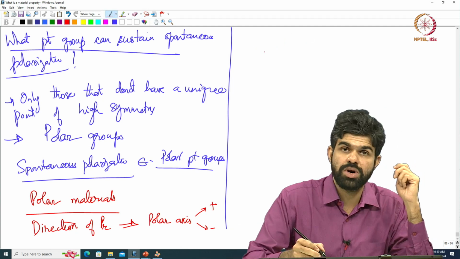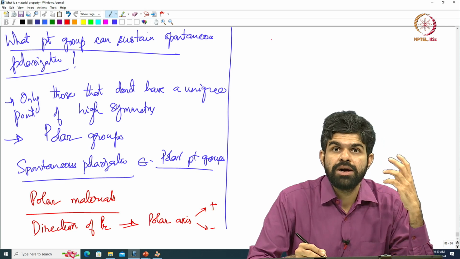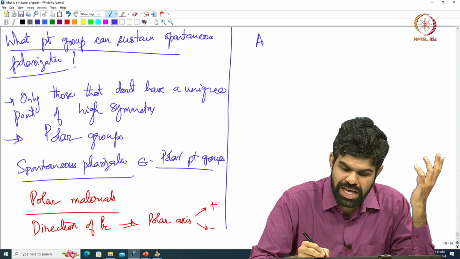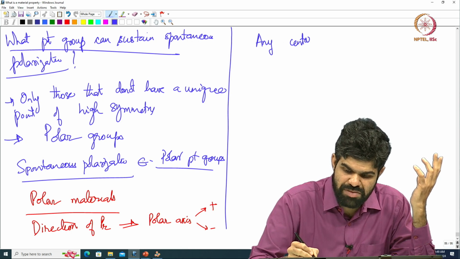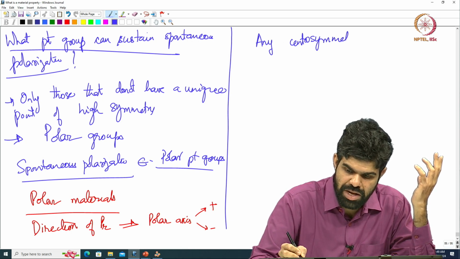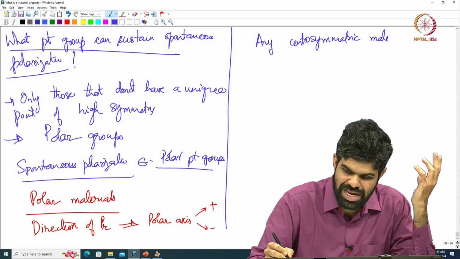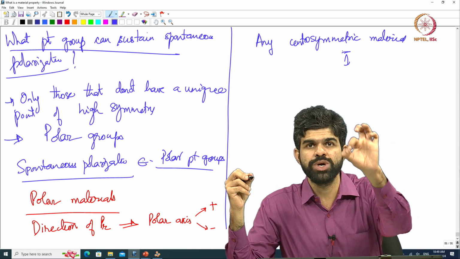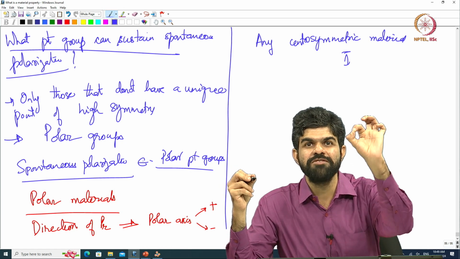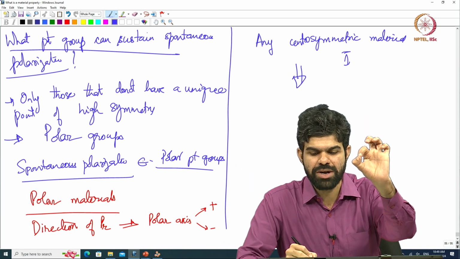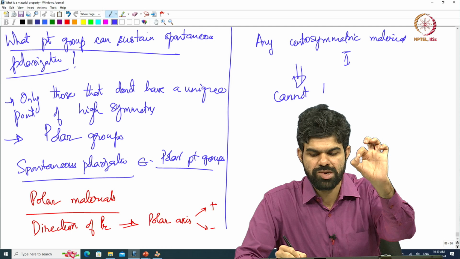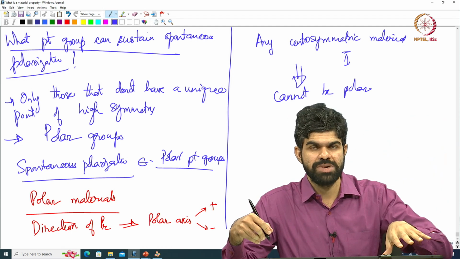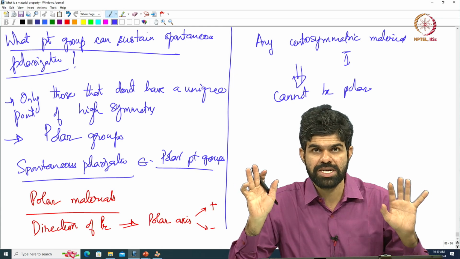The other statement which is quite obvious is that any centrosymmetric material, if I have centrosymmetry, I am already identifying a unique point, right. So, if there is a unique point, it cannot be polar, right. So, all polar materials are not centrosymmetric. Okay. So, these are equivalent statements.